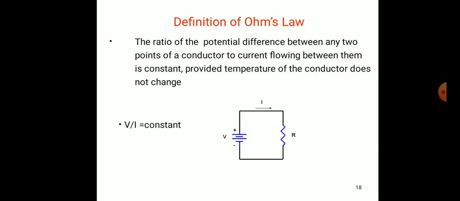The meaning is, without changing the temperature, the ratio of the voltage between any 2 points of the conductor to the current flowing between them is constant. That is, V by I is equal to a constant, and that constant is represented by the resistance R.